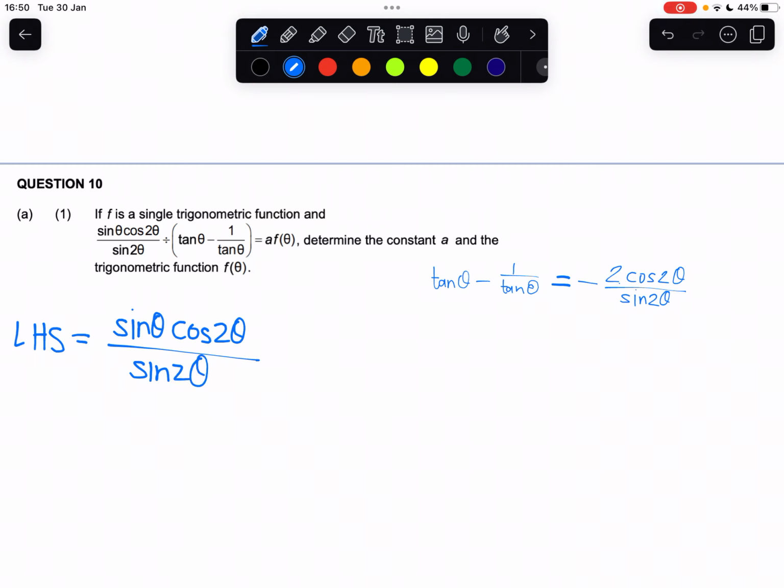And then over here we have the division by this guy, whom we are going to replace by this. So we have minus 2 cos 2 theta divided by sine 2 theta. And then we know that to divide by a fraction, we just need to times by the inverse.